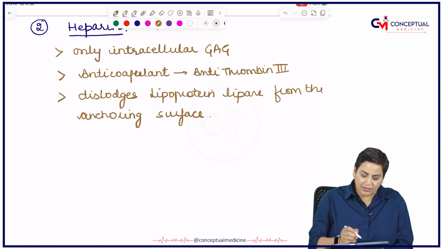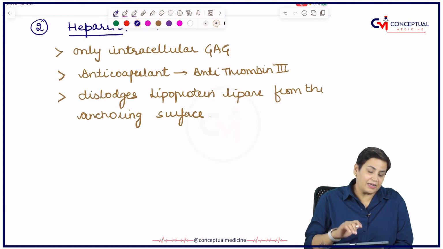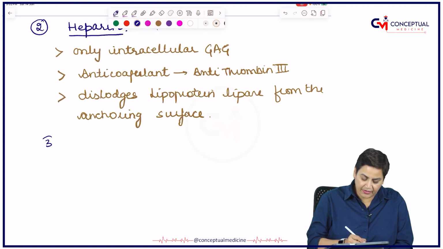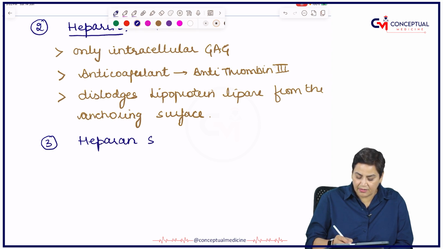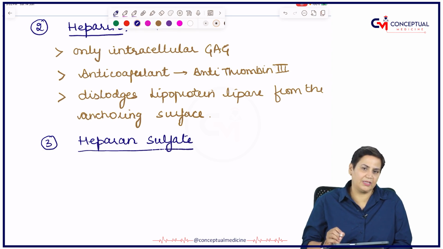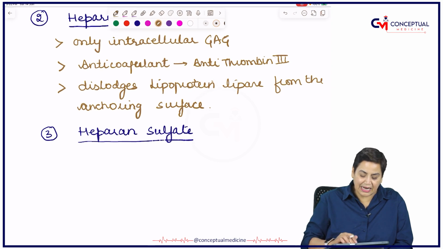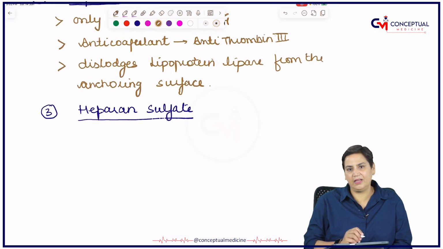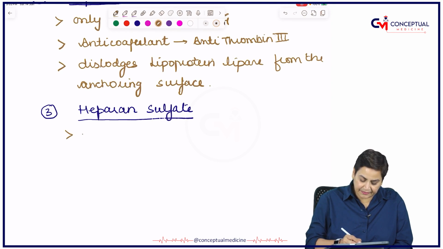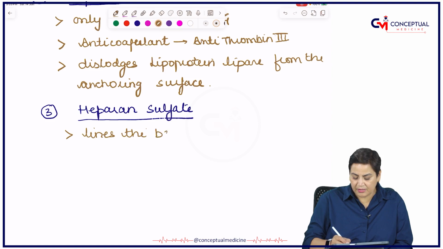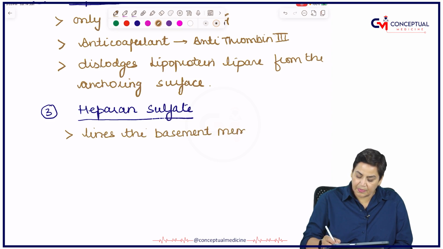Then coming to the one parallel to this, heparan sulfate. This is a very important mucopolysaccharide. Why? Because it lines the basement membrane in the kidneys.